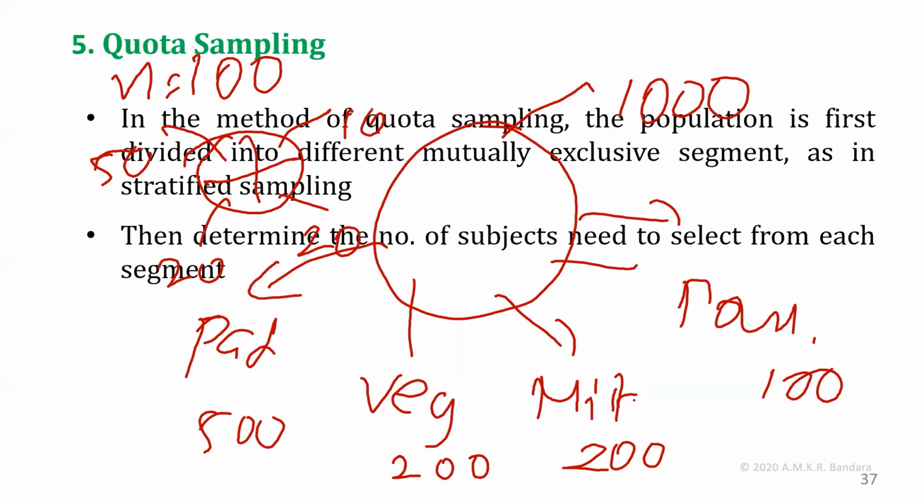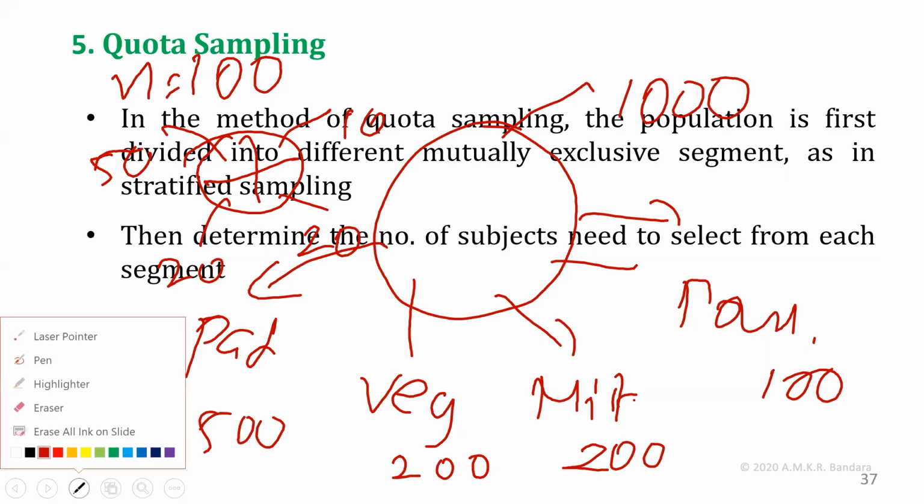After identifying each quota that we need to select, you go to that farming community, meet farmers and ask what crop they are growing and what farming activity they are engaged in.